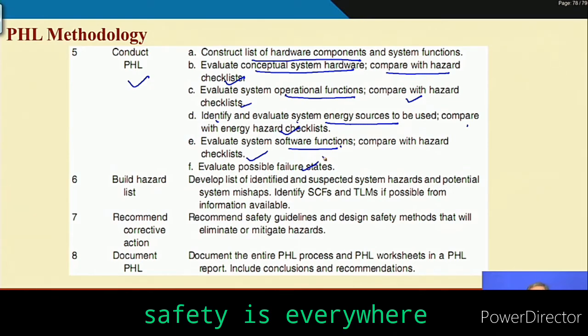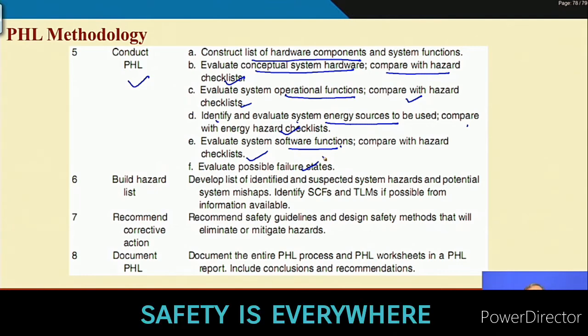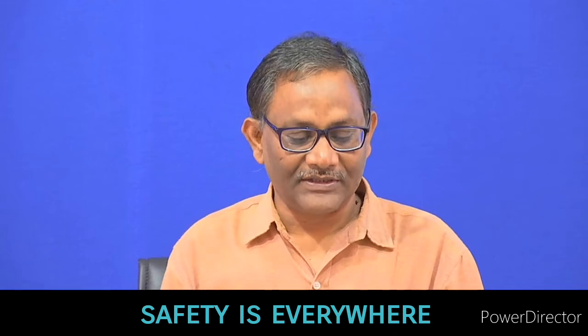So, that means as I told you, there will be components, there will be software, different hardwares, and different functions. So, that specific design knowledge you have, hazard checklist, and then compare them and find out this.